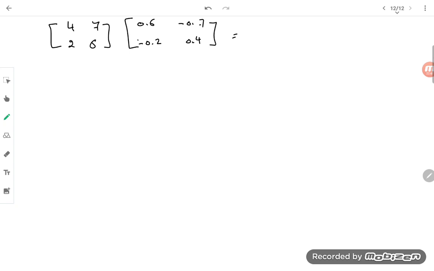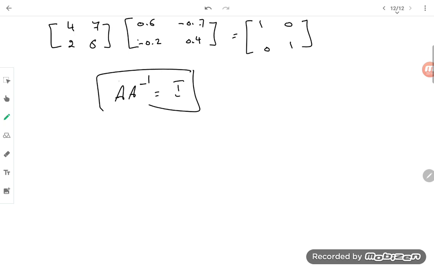Then the final answer would be 4 multiplied by 0.6 and 2 multiplied by 0.7, just like the multiplication of any two matrices with each other. So the answer would be 1, 0, 1, 0. So this is the identity matrix. As we said, A multiplied by A to the power -1 equals I. So this is A, and this is A to the power -1, and this is I.